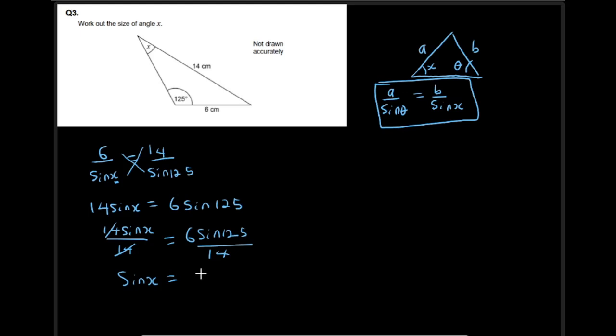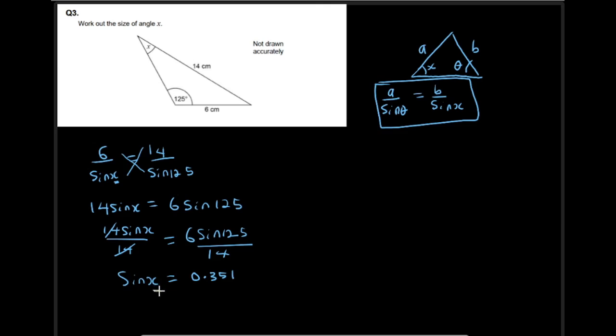We'll use our calculator here because this question is for the calculator option. So we have 6 sine 125, divided by 14. And that will give us approximately 0.351.